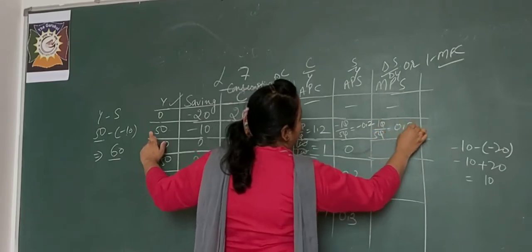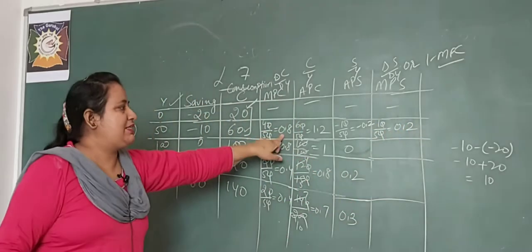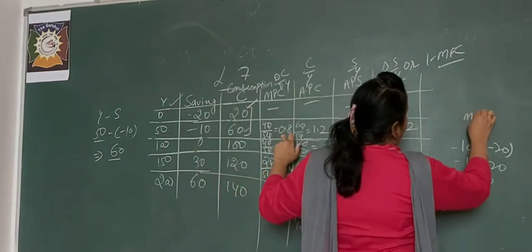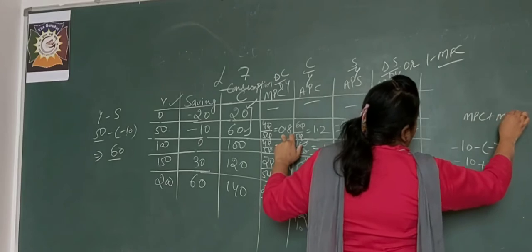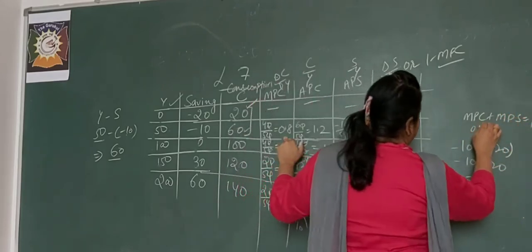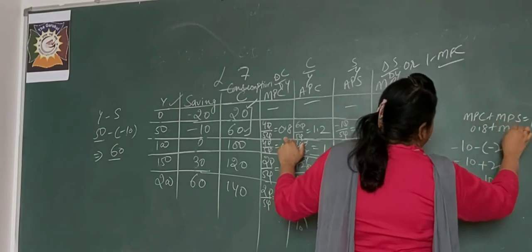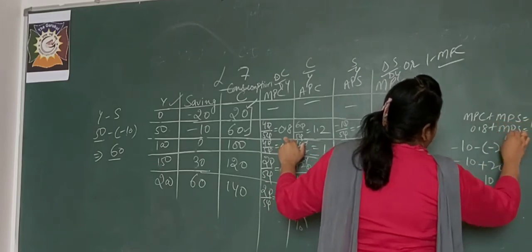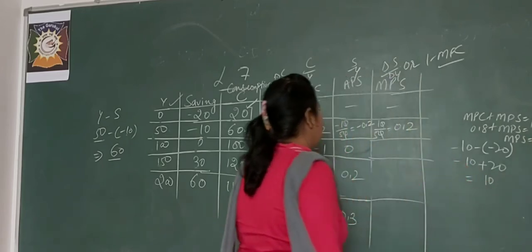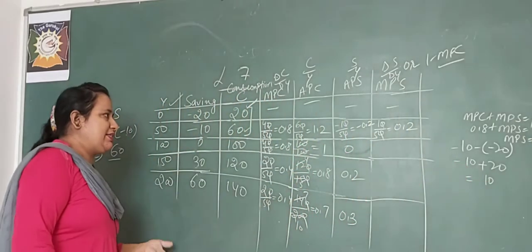It means 0.2. If I add MPC plus MPS, the value will be equal to 1. MPC is 0.8 and MPS is 1 minus 0.8. The next you can do easily.